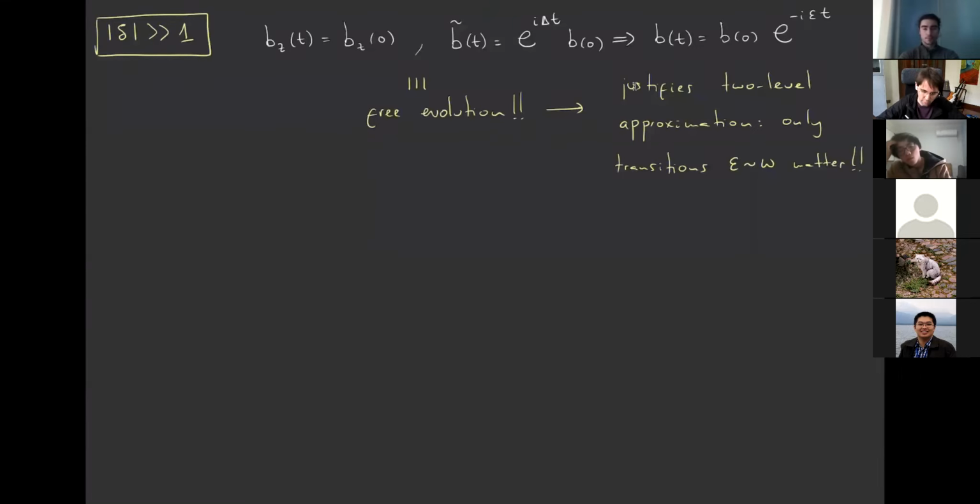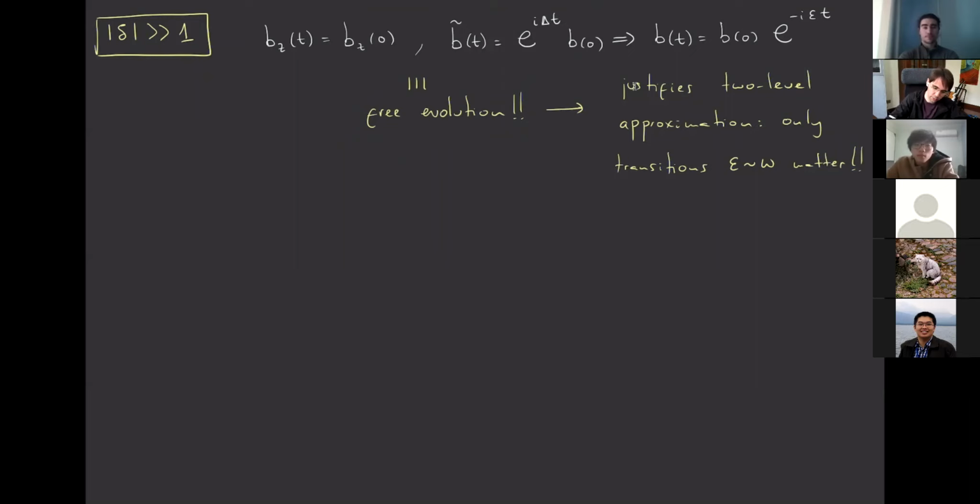Okay, so this is the first rigorous justification of the two-level approximation, at least in a simple form. Okay, so this is the first limit.